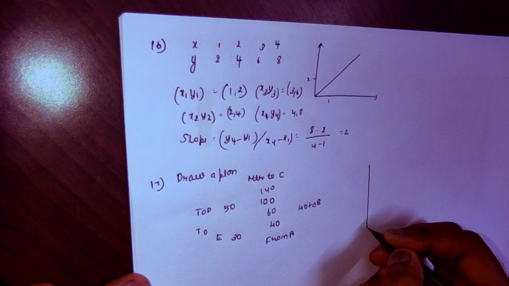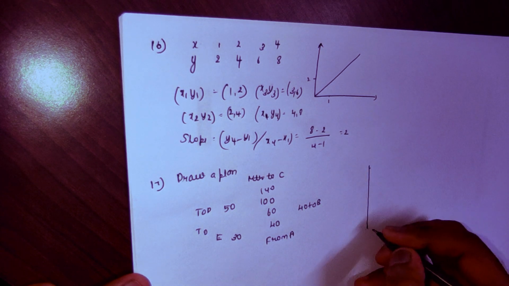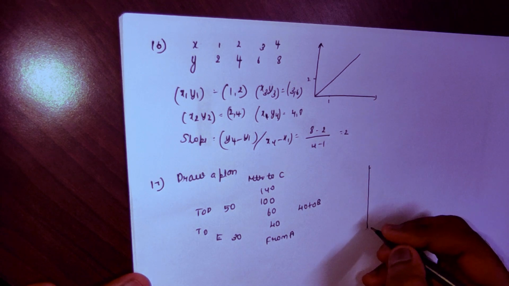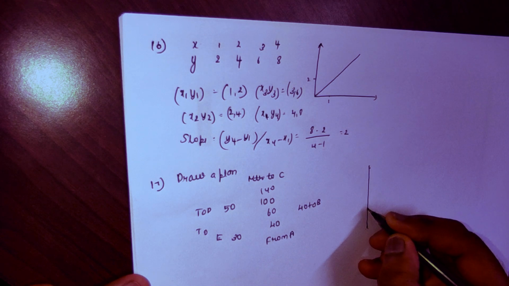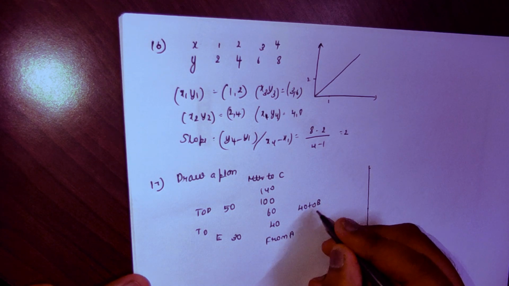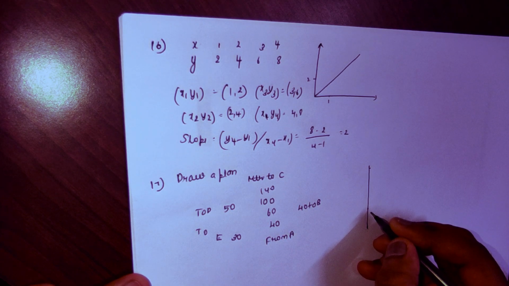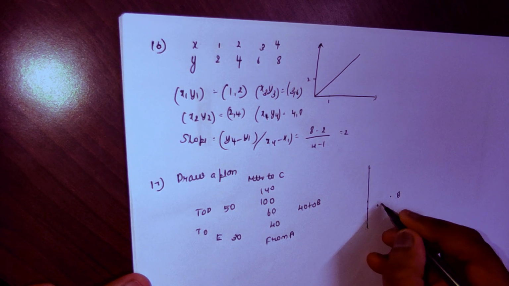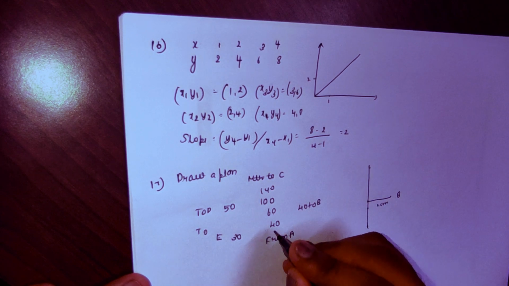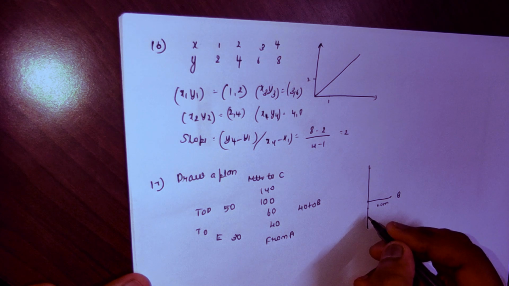So first draw from A, 140 divided by 20, so 7 centimeter you can draw from A to C. Now after 40, it is given 40 to B, that is 2 centimeter, that is from 60, after 3 centimeter, draw 2 centimeter towards B. From here to E, that is 30, that is 1.5 centimeter.